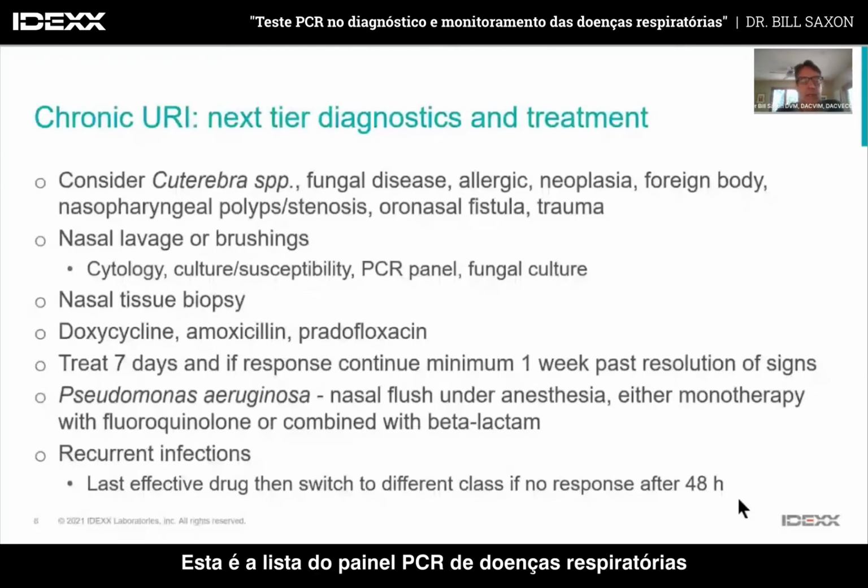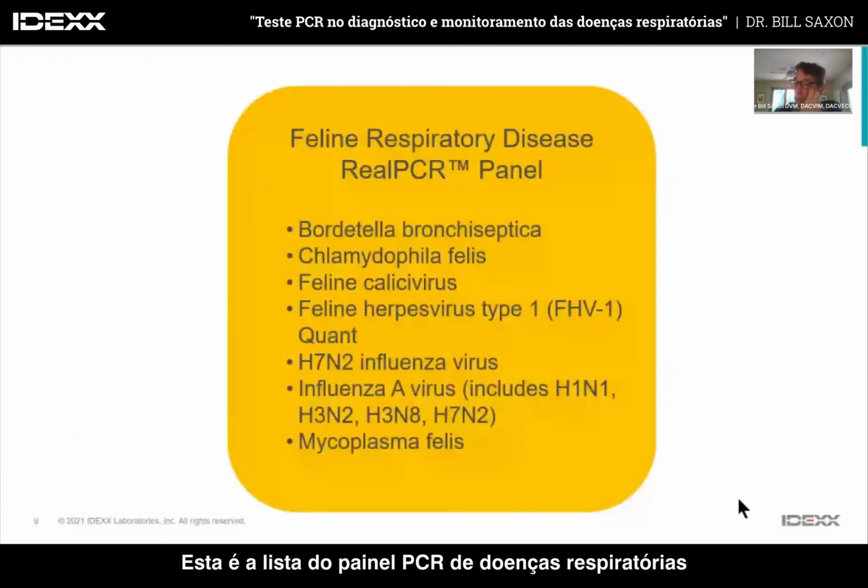And here is what is on the respiratory disease PCR panel for cats at IDEXX. The most common organisms are certainly tested for, and some other ones like influenza virus. Okay, so here's what is run when we have the need to run PCR in upper respiratory tract disease in cats, and that's usually with chronic, unresponsive, or recurrent disease.